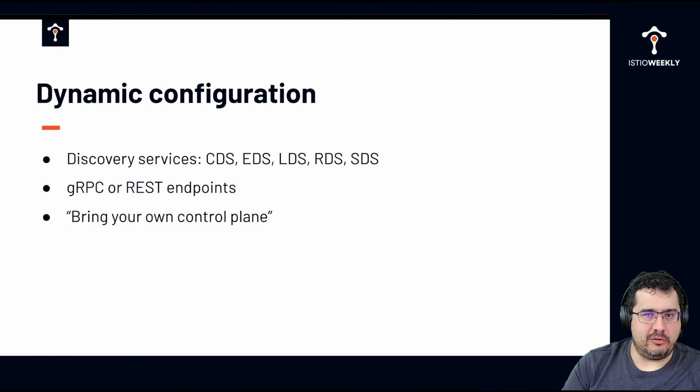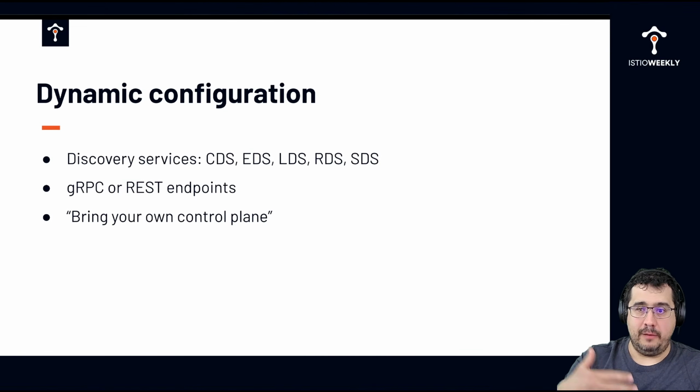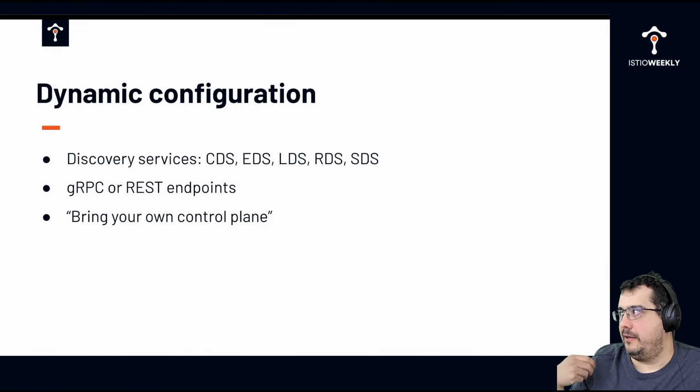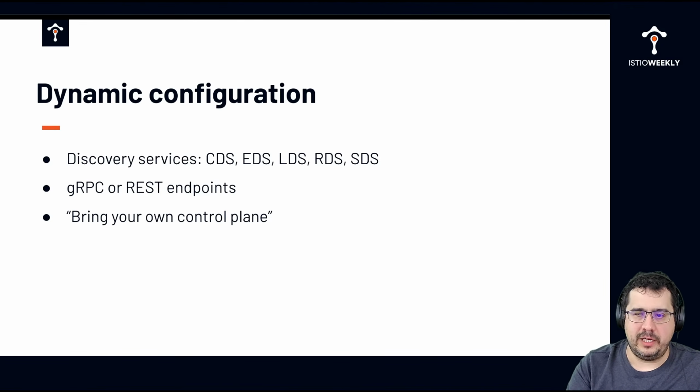Now, a really, really cool feature of Envoy is the ability to use dynamic configuration. So instead of hard coding your endpoints, your IP addresses, you could write a service that provides the information about those endpoints, about the routes, about the clusters, dynamically. So you can create your own service either as REST endpoints or gRPC streaming endpoints, and then return the configuration dynamically, right?